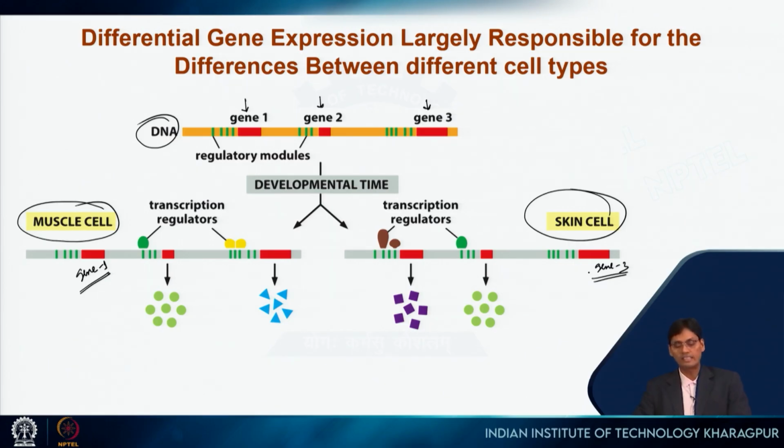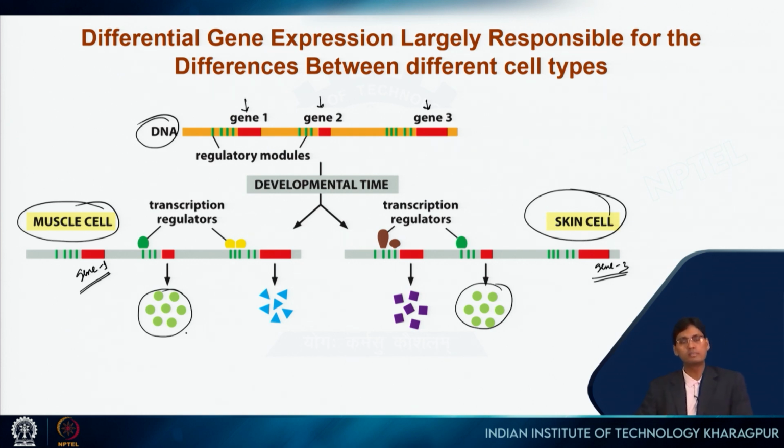So, as you can see, only gene 2 is getting expressed in both skin cell as well as muscle cell, but gene 1 and 3 are differentially expressed in the 2 different types of cells, muscle cell and skin cell.